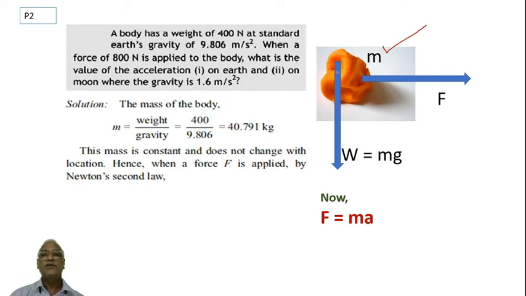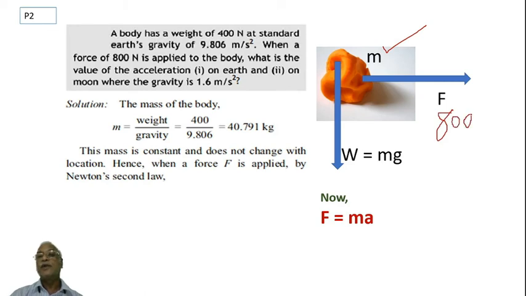So this mass is calculated. Now how is mass calculated? Weight is given. We use W equals mg. We have calculated the mass. Now this mass is constant and does not change with the location. Whether it is moon or earth, it remains the same. Hence, when a force F is applied, by Newton's second law, because it is said that it is applied with a force of 800 newtons.